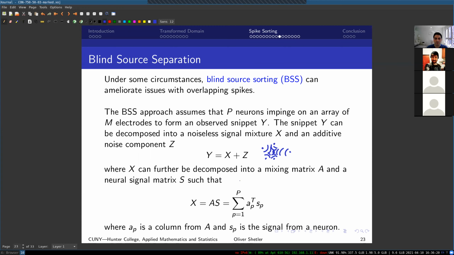And X can then be further decomposed into a mixing matrix, A, and a neural signal matrix, S, right?